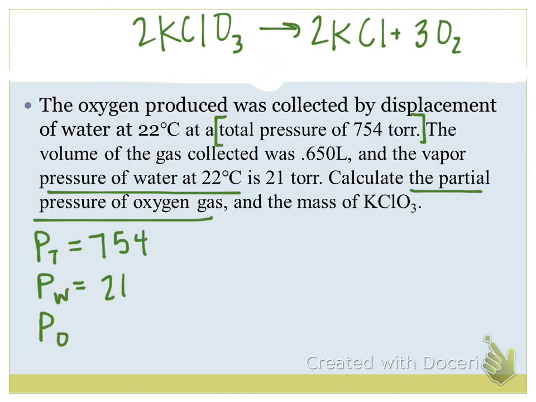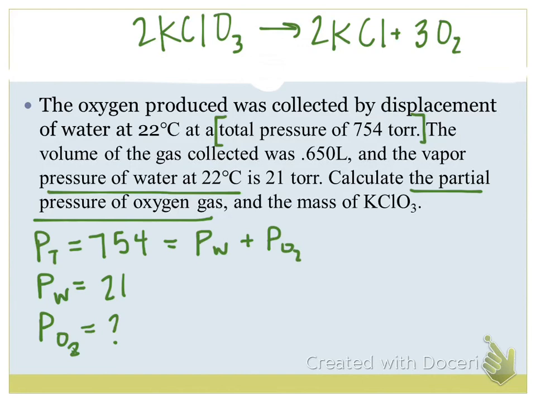And we want to find out what pressure oxygen gas has in that container. The only two things we have in that container are water vapor pressure and oxygen gas. So if we say our total is 754, that's equal to the pressure of the water plus the pressure of the oxygen. Does that make sense?